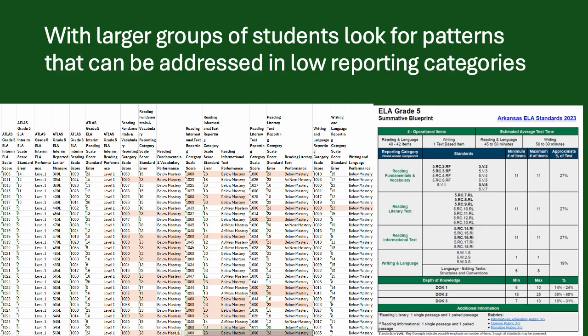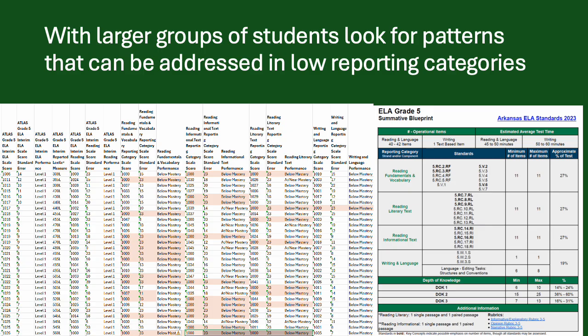In the rows here, you can see that reading fundamentals, and reading and vocabulary and reading informational texts have quite a few students with this peach color. And so I would reference the blueprints and the ALDs to figure out what is being asked of students in these categories. Now, I'm not about teaching to the test.